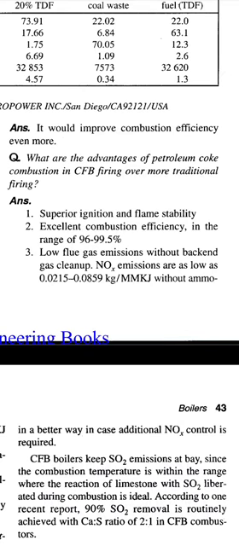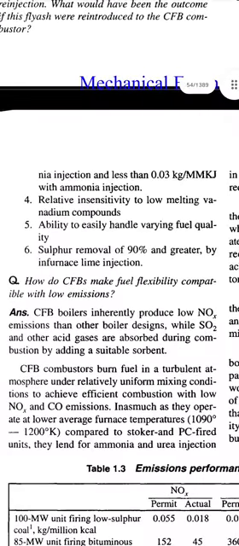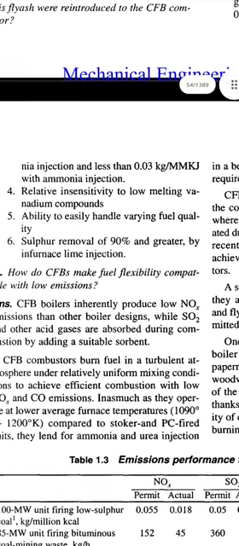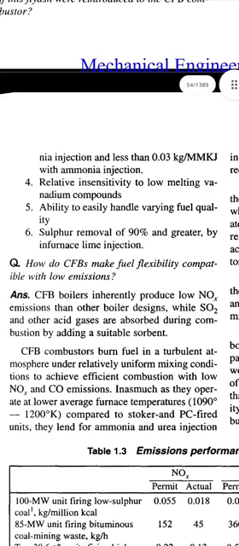Answer: superior ignition and flame stability, excellent combustion efficiency in the range of 96 to 99.5%, low SO2 emission without back end gas cleanup, NOx emissions as low as 0.0215 to 0.0859 kg per MMkJ without ammonia injection and less than 0.03 kg per MMkJ with ammonia injection, relative insensitivity to low melting vanadium components, ability to easily handle varying fuel quality, sulfur removal of 90% or greater by furnace lime injection.